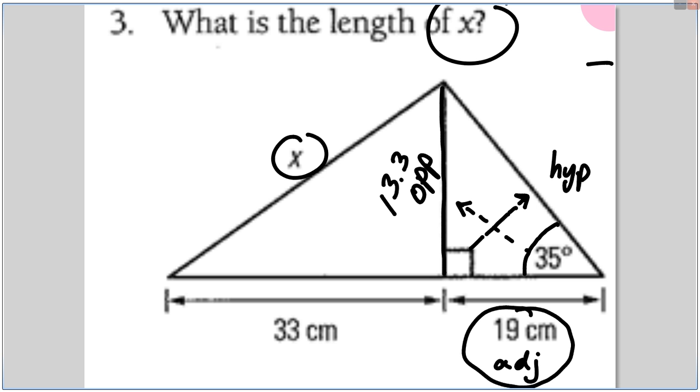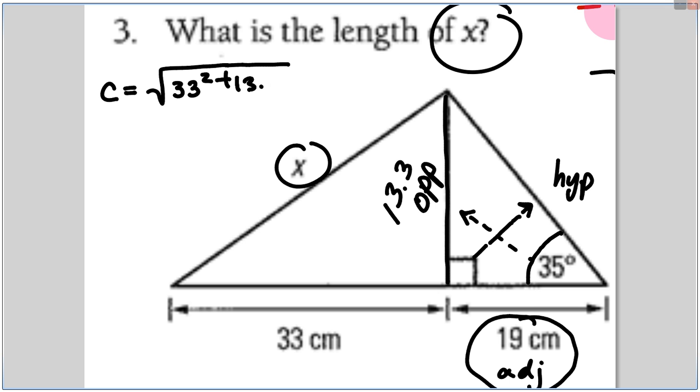You got the short side, you have another short side, and to get the long side, you'll do Pythagoras. So quickly just do the long side shortcut. What is it? 33 squared plus 13.3 squared, and then square root the answer. You guys remember that? And I'm getting 35.58.